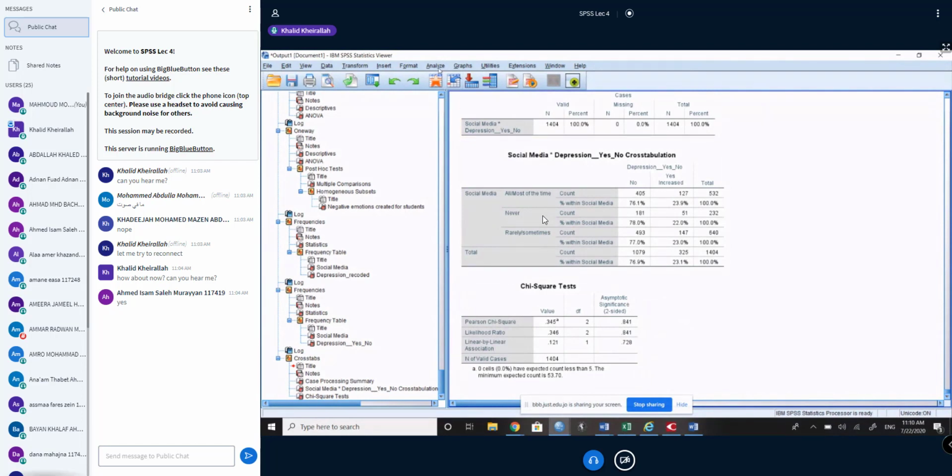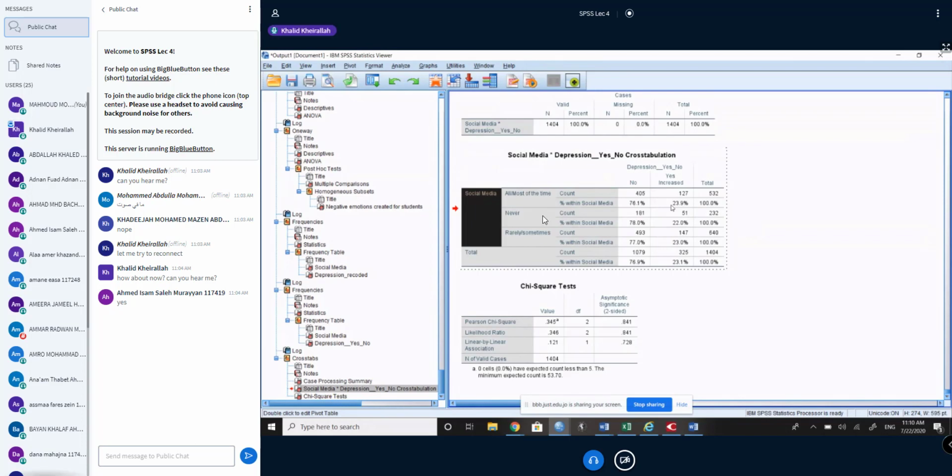Let's do 76, 23, 78, 22, 77, 23. So as you can see, the distribution of these two variables, there is no relationship between depression and social media utilization for these 3 categories.